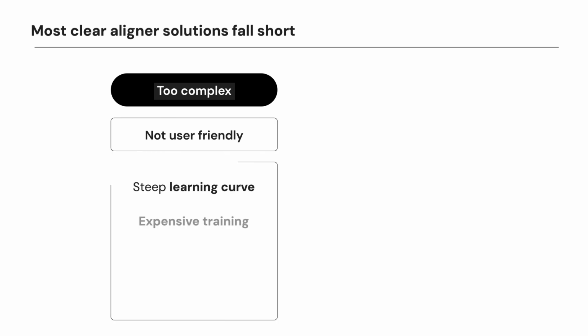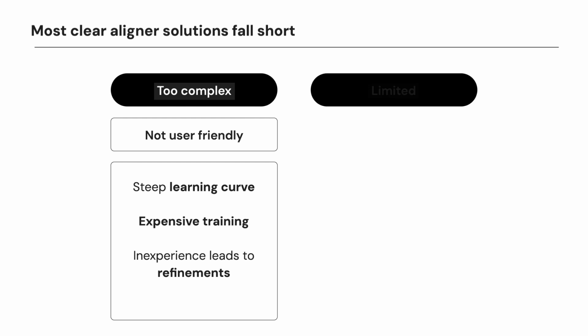They're, again, too complex, which becomes not very user friendly. The learning is ridiculously expensive, anywhere between 2 and 6 or 7 grand. The learning curve becomes steep really fast. And if you don't have a lot of experience, then you end up with stuff that doesn't turn out the way you want to, and you end up having mid-course corrections and refinements and cases that don't treat out the way you want to.